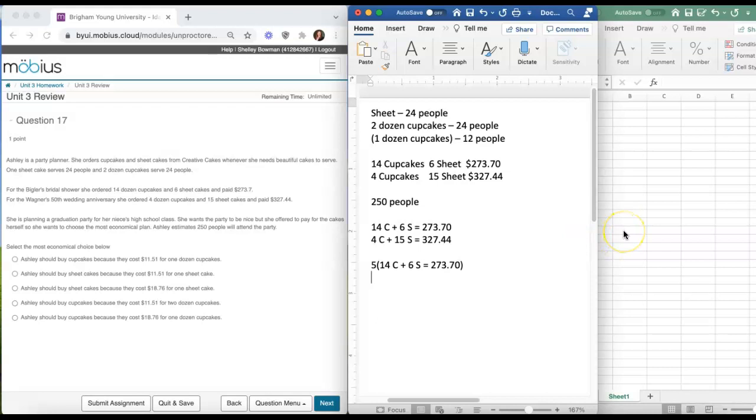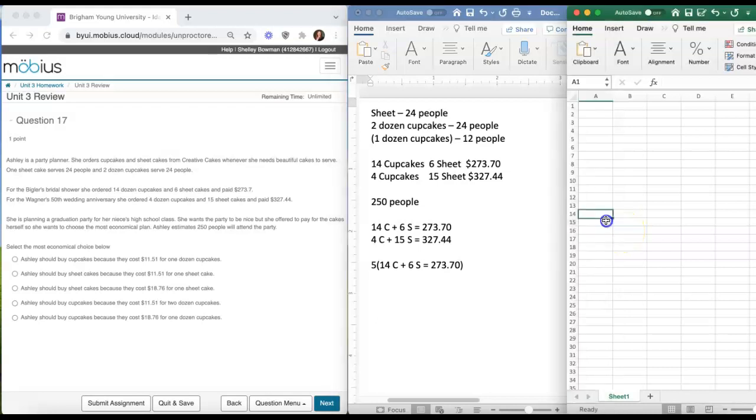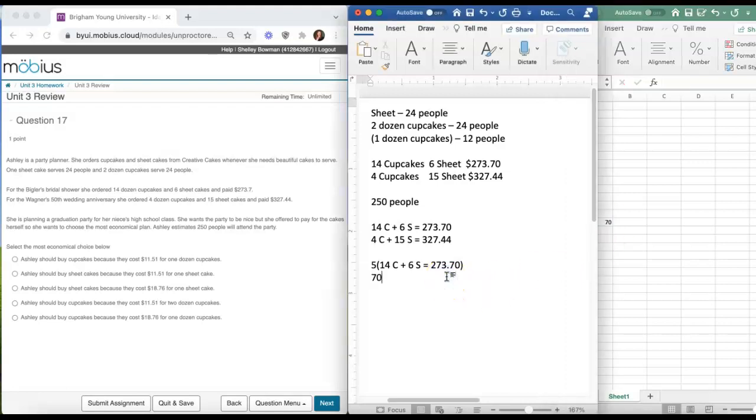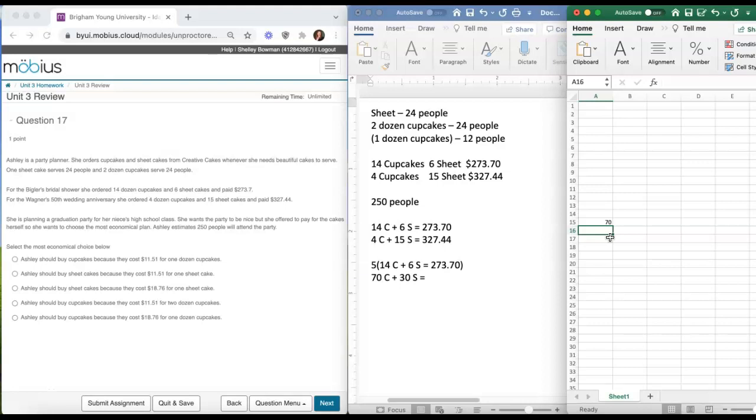So I'm going to do 5 times 14, which I think is 90, but we're going to 70. 5 times 14, 70. It's a good thing I checked. 70C plus 5 times 6 we know is 30, which is excellent. And then 273.7, so we'll type that in, 273.7 times 5.